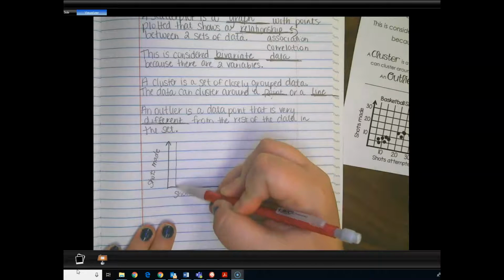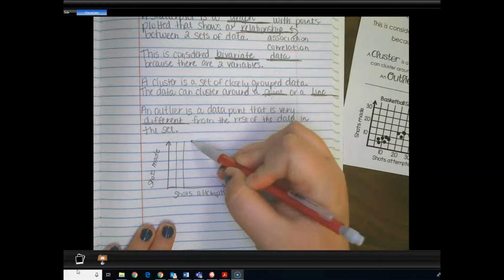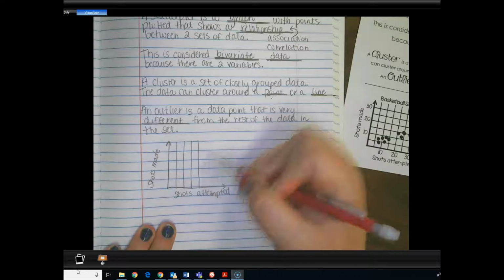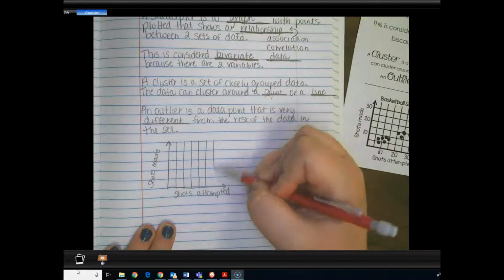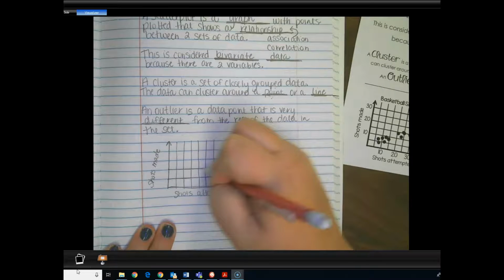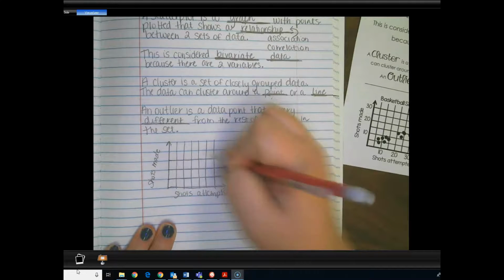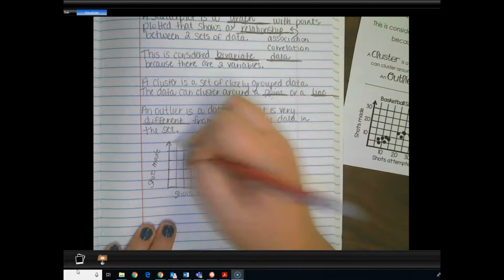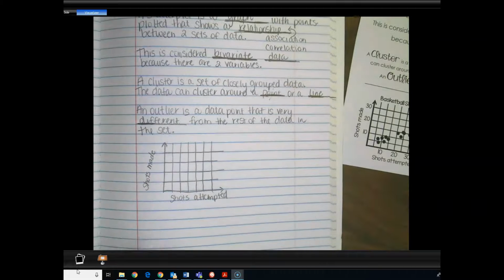We're going to do some lines. If you have a piece of graph paper and you want to use it instead, that's fine. This doesn't have to be super accurate. Scatter plots aren't necessarily the most accurate. They're not the most accurate.